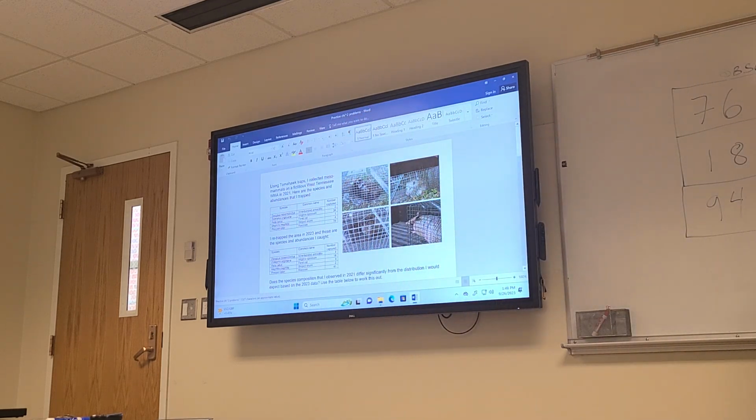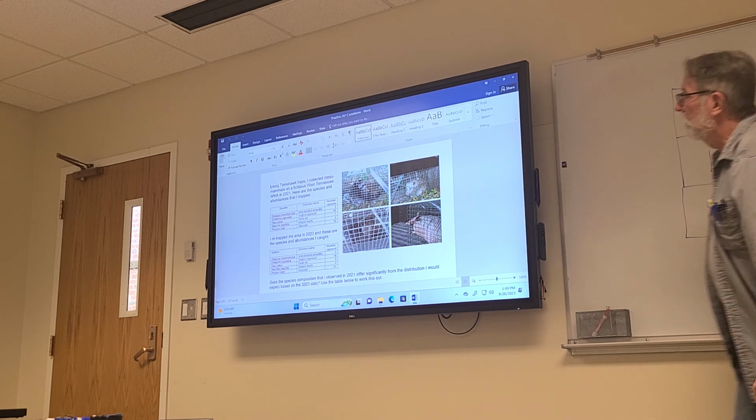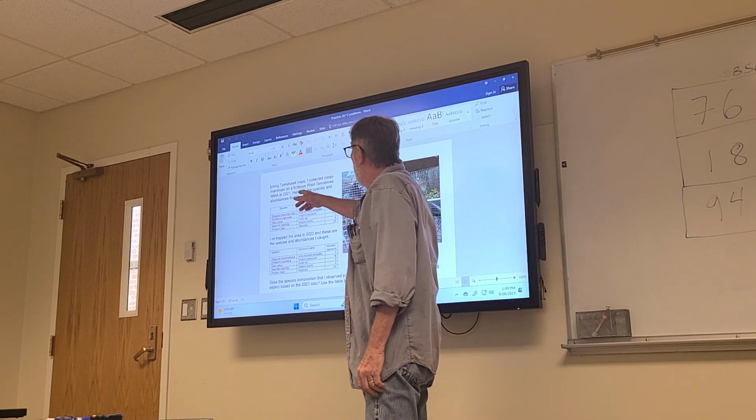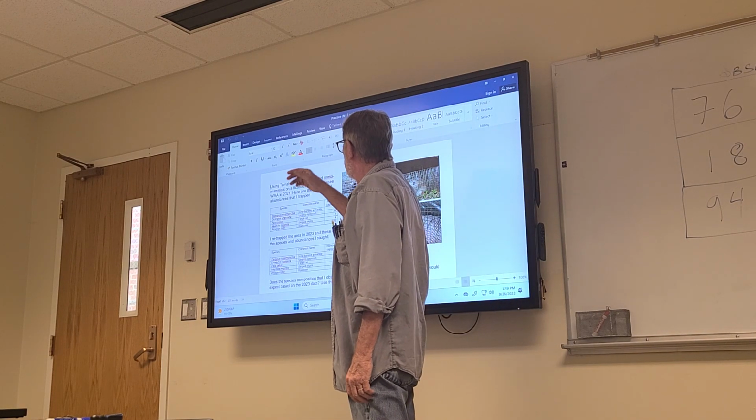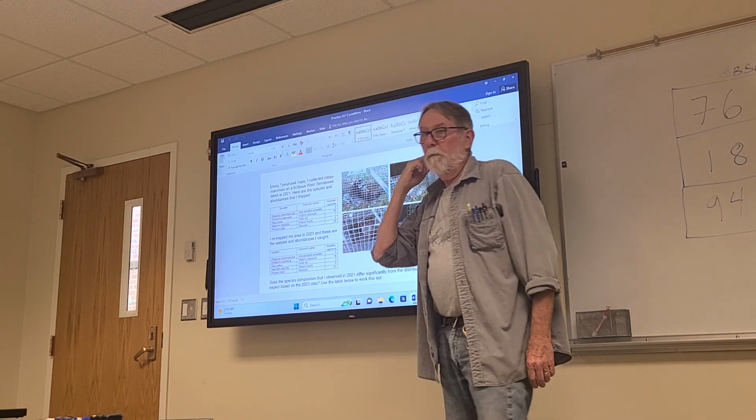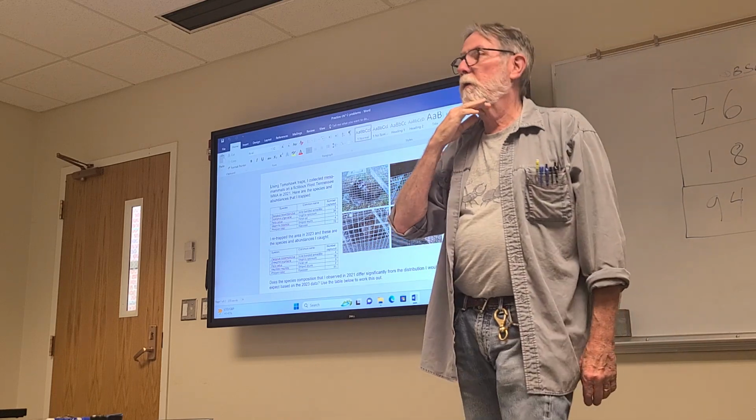Okay, so trapping. Everybody likes to go trapping. I use that one because I have these pictures. So, using Tomahawk traps, I was trapping on a WMA here in West Tennessee in 2021.